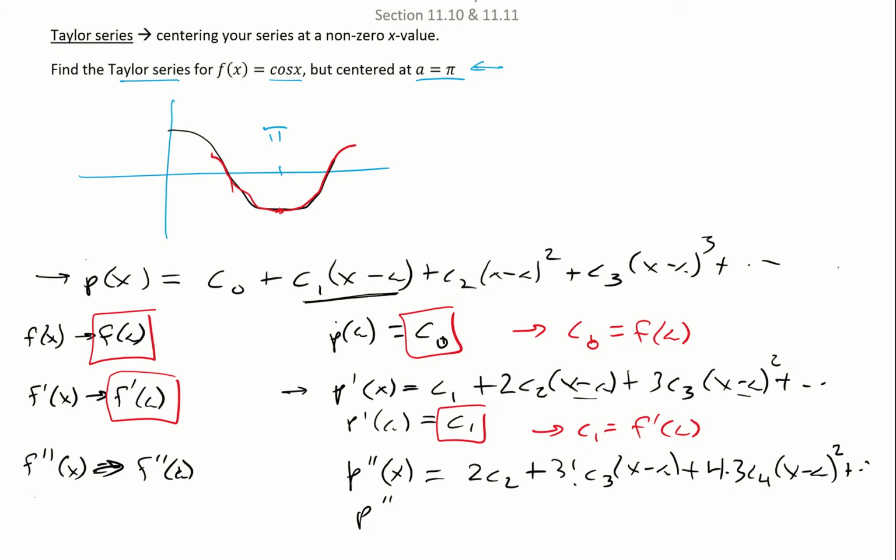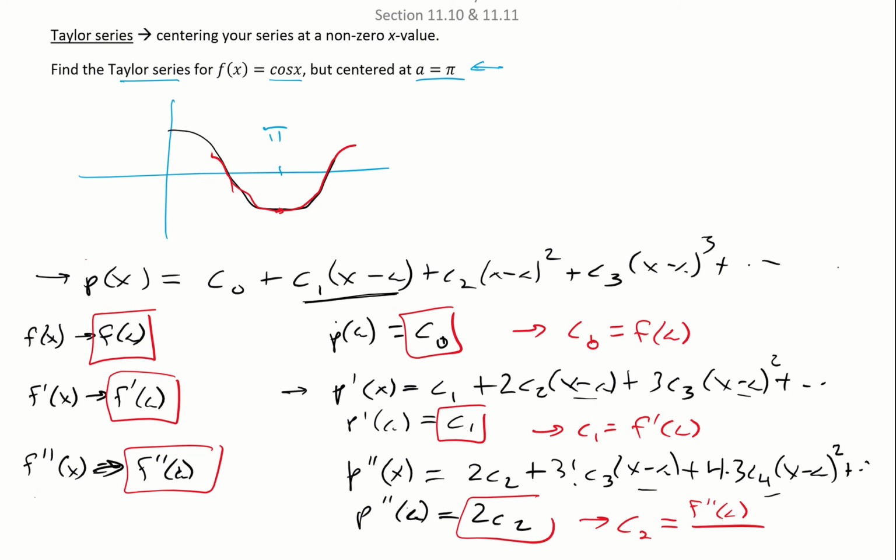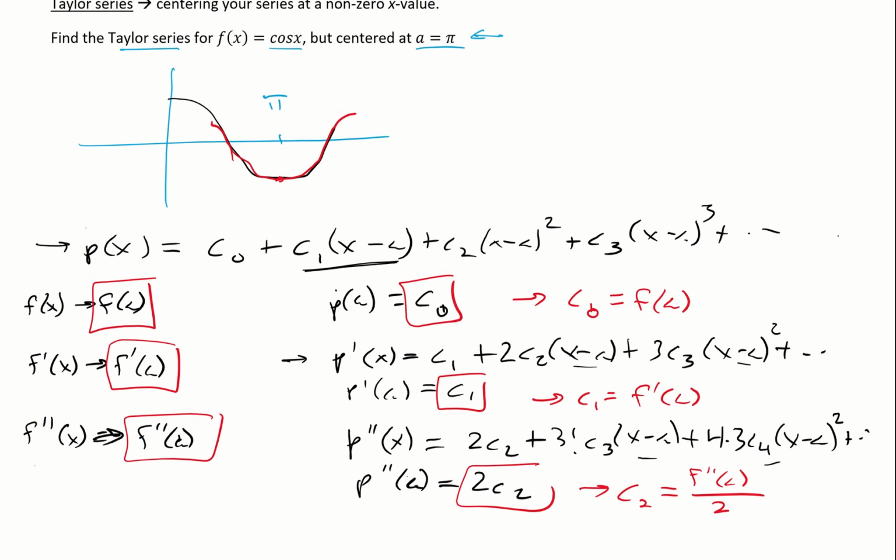So p double prime of a is 2C2. What does that tell you? We want these to match also according to this strategy. So what does it tell us about C2? Well, C2 is equal to f double prime of a all over 2. Do one more, okay? Because we're building this formula.